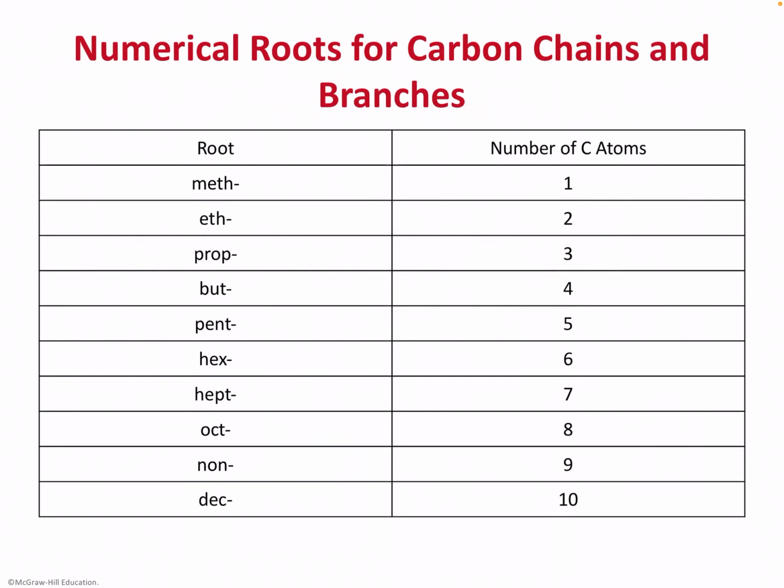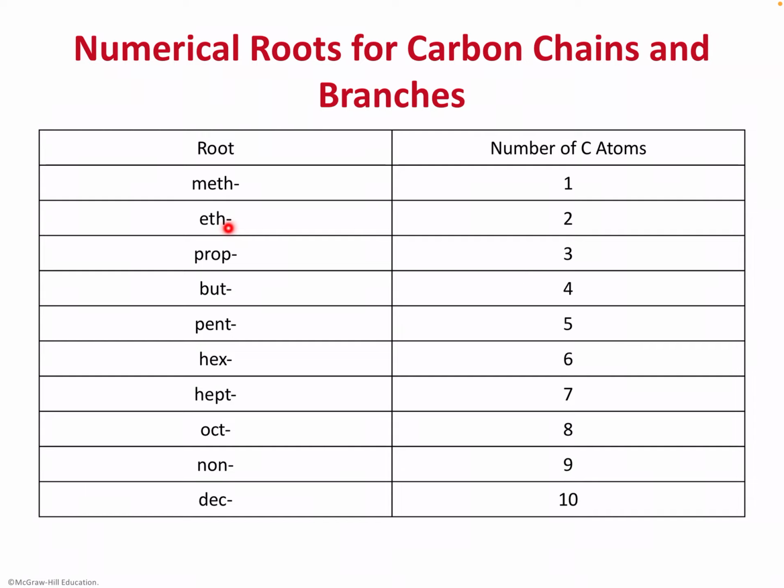Okay. So these are the root names for carbon and branches. If the number of carbon atoms is 1, the root name is meth. If it is an alkane, it would be methane. If you have 2 carbon atoms, your root name would be eth.